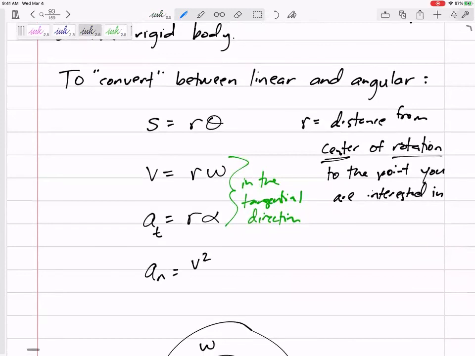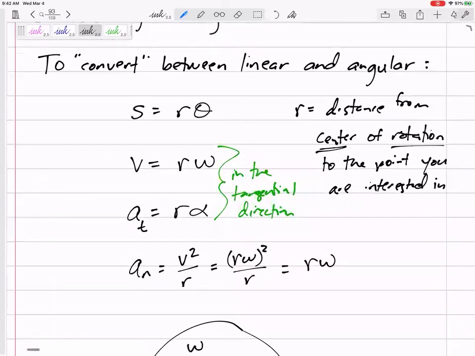Okay, but then also A normal. We know A normal is V squared over R, okay? And so same thing, our A normal is going to be V squared over the distance away from the center, which is like a rho. And we just said that V is R omega, so (R omega) squared over R. Do you see what this boils down to? We have a new equation that maybe will be helpful.